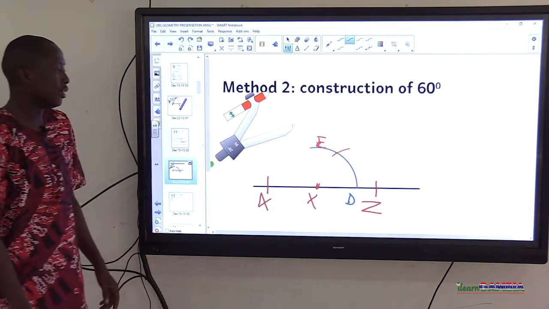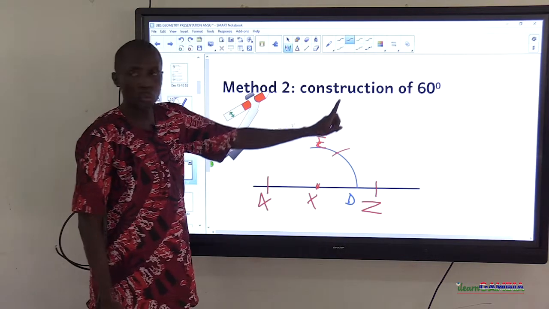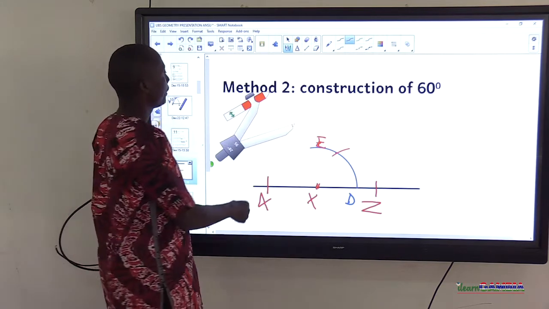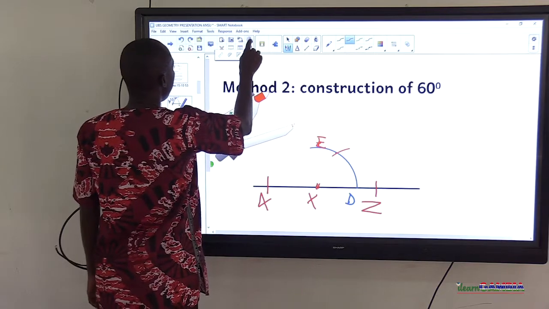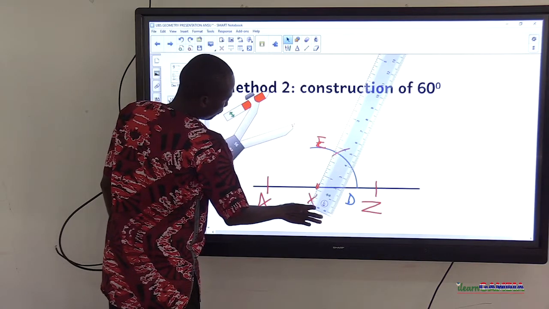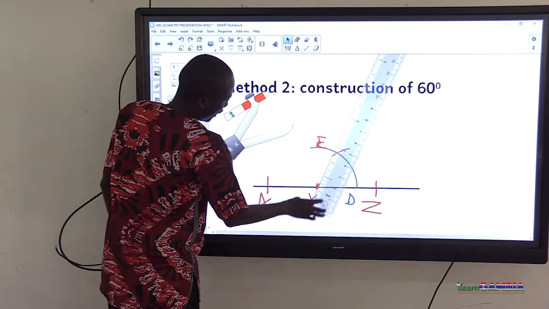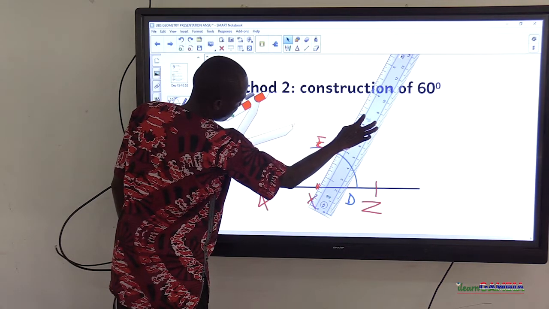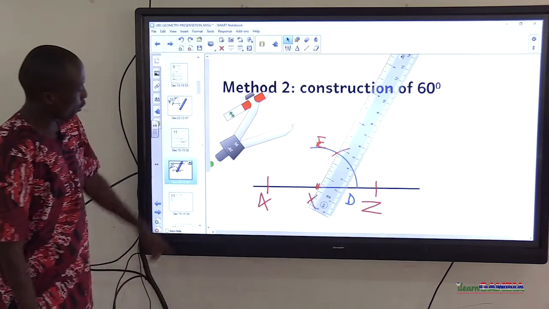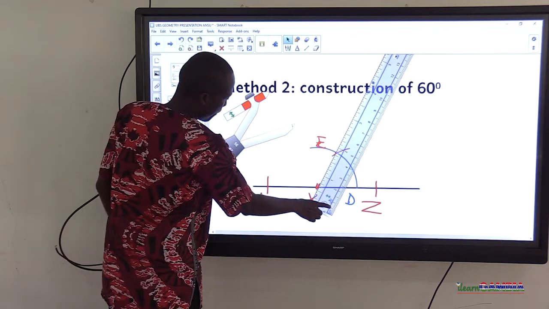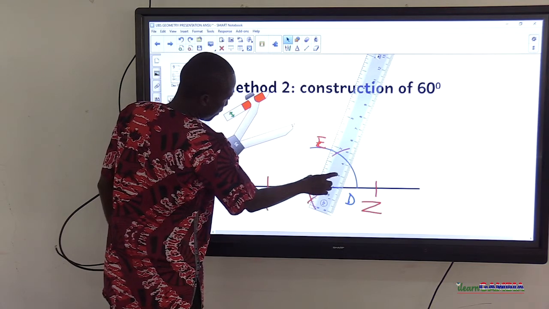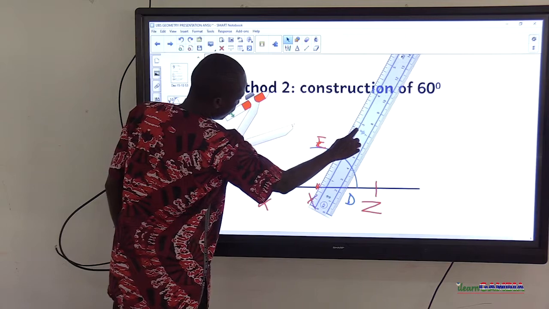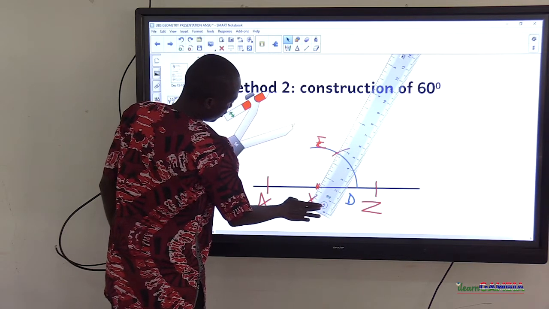We draw a line from X through E. We take our ruler and draw a line through X, passing through E. Good. So when we draw a straight line there, that angle will be 60 degrees.